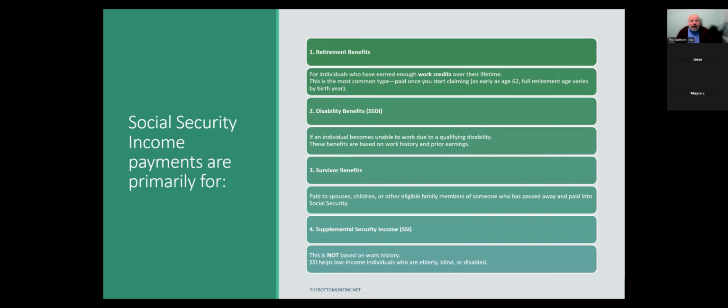Now, SSDI is Social Security Disability Income. This is given to people who are disabled, and you can be of any age. And if you're disabled, your children also can receive Social Security. For the most part, very seldom is SSDI taxable or reportable.